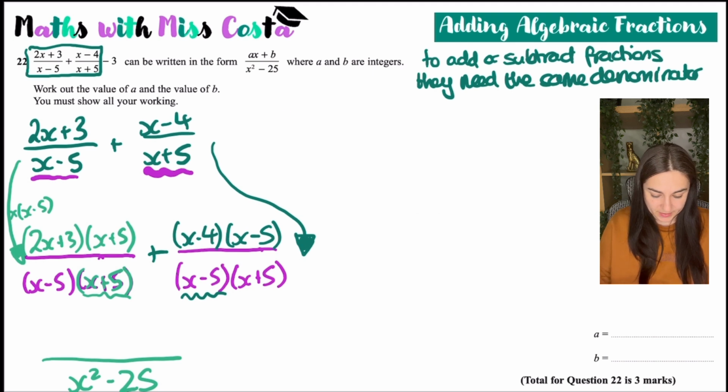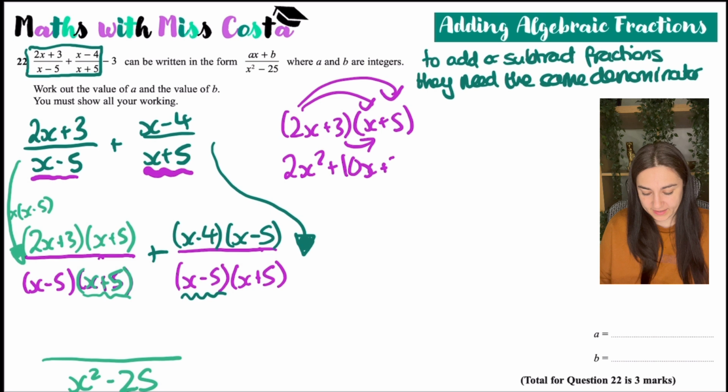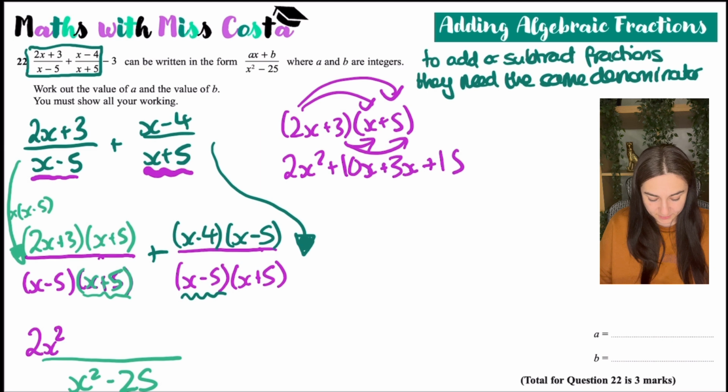So I've got (2x plus 3) multiplied by (x plus 5), which would become 2x squared plus 10x plus 3x plus 15. So bring it together, that becomes 2x squared plus 13x plus 15.